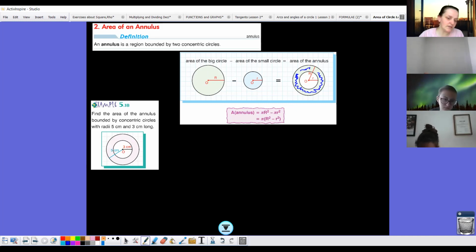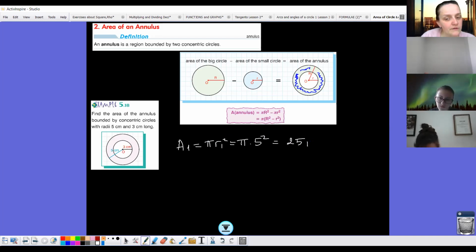So here, as you see, an example is given. We have an annulus bounded by concentric circles with radii 5 centimeters and 3 centimeters. The bigger circle's radius is 5 centimeters. So A1 will be pi r1 square, which is pi times 5 square, so it will be 25 pi.